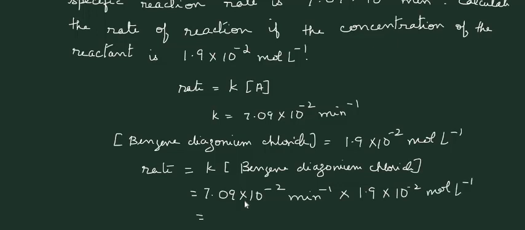On multiplication we will get 1.347 into 10 raised to minus 3 moles per liter per minute.